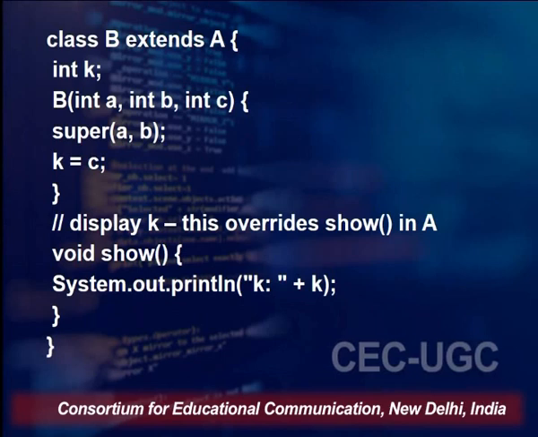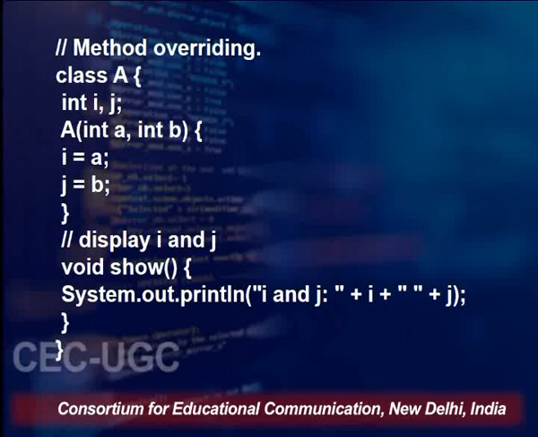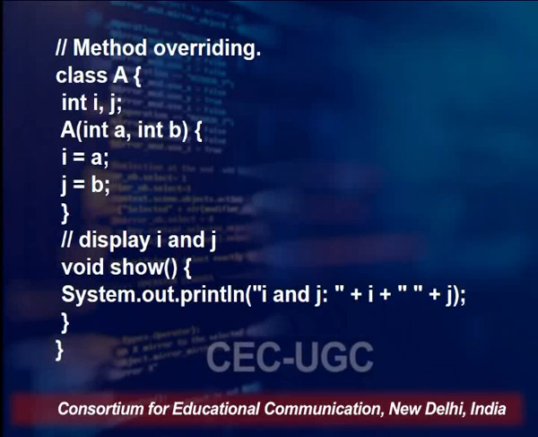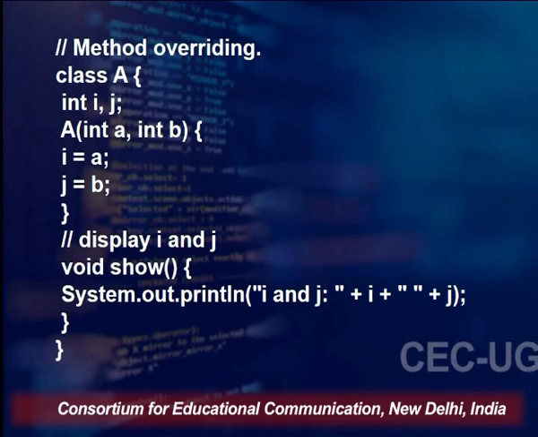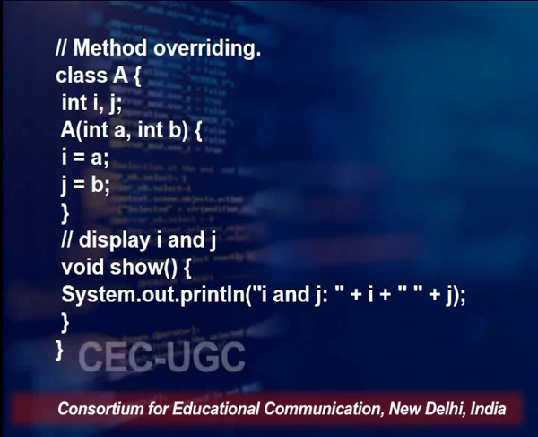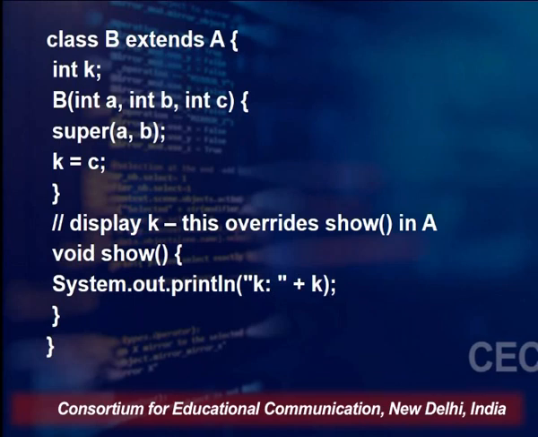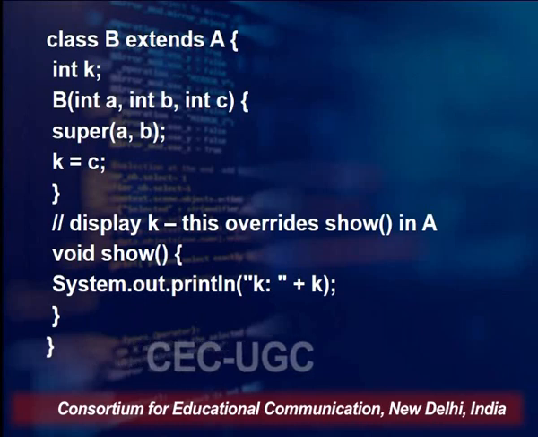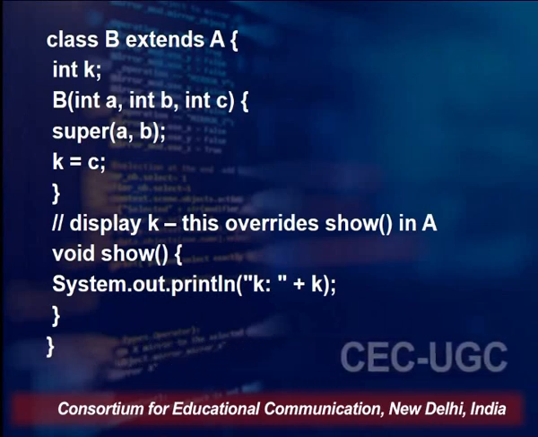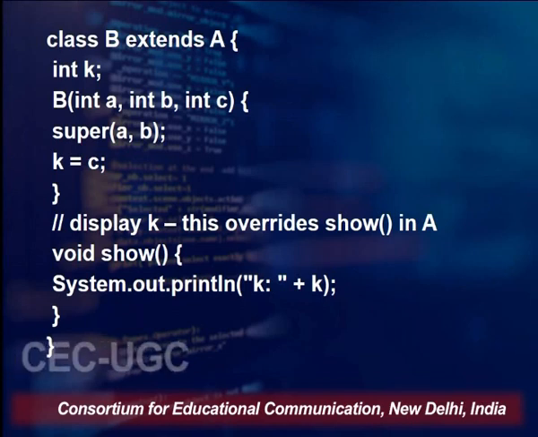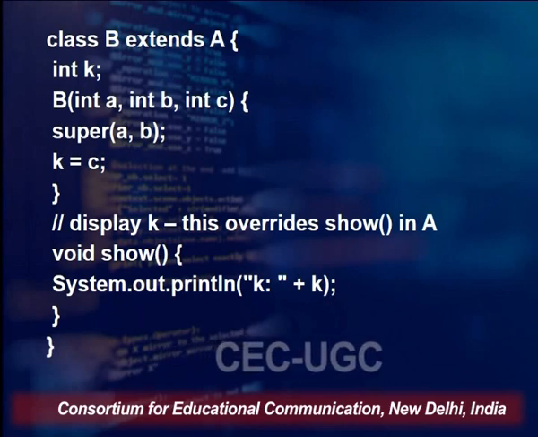The name is show, the parameters are nil, and this same signature, void show with no parameters, is also defined inside the superclass, class A, and is also defined inside class B. So the same signature, same name method exists inside the subclass as well as the superclass. This is what we call method overriding.